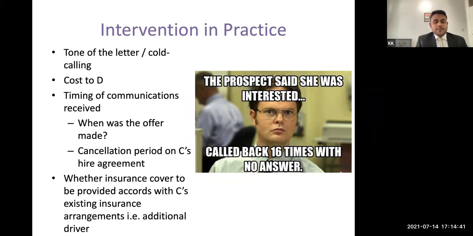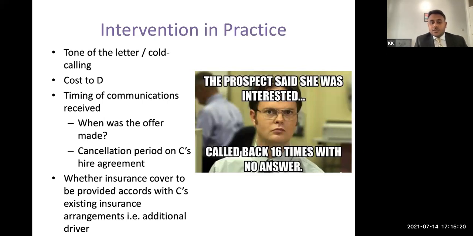One of the reasons why this becomes more difficult, particularly the longer it's left after the claimant has commenced his or her hire, is that typically the credit hire agreements provide for a cancellation period at which there's no cost to the claimant if they cancel within the first 14 days of hire. It's possible, of course, if the letter comes within those 14 days, that a claimant may reasonably, on the facts, seek to cancel that agreement and accept the defendant's offer of intervention.